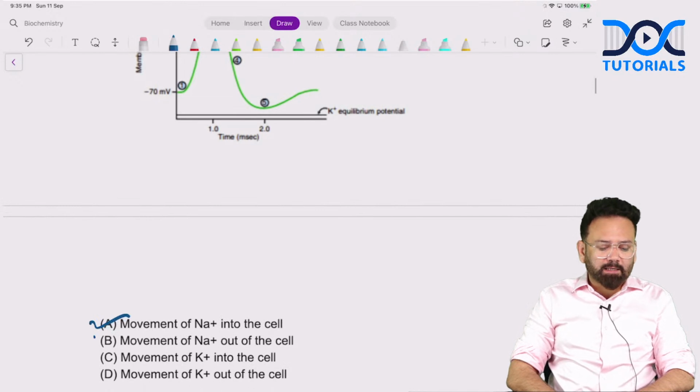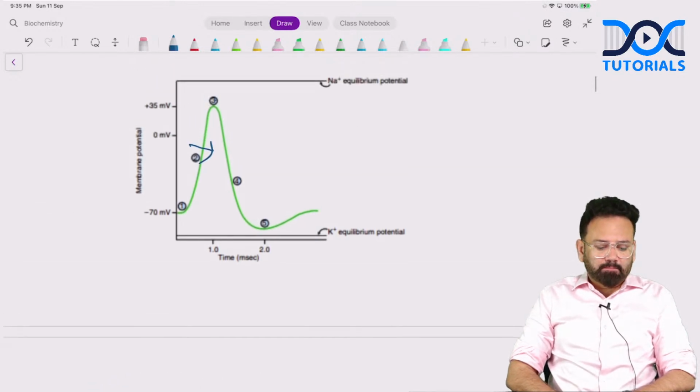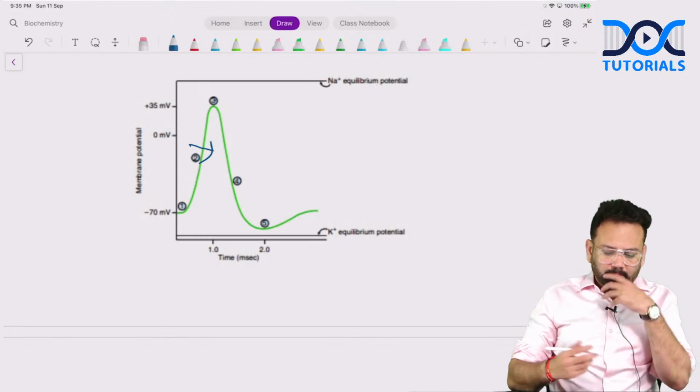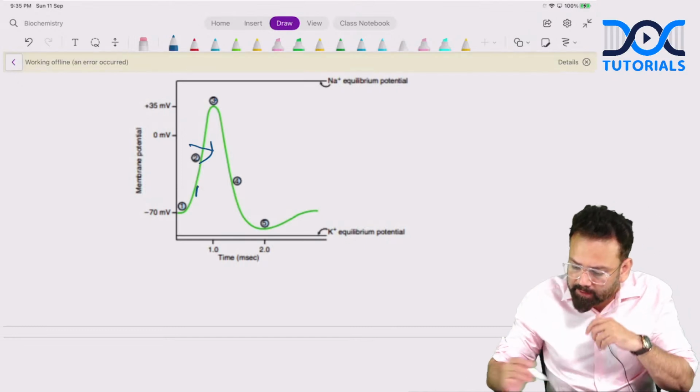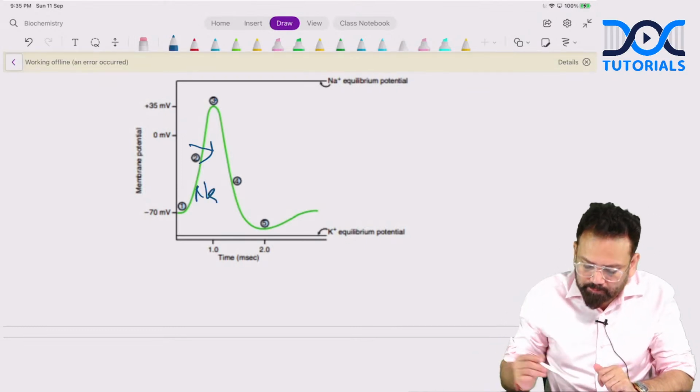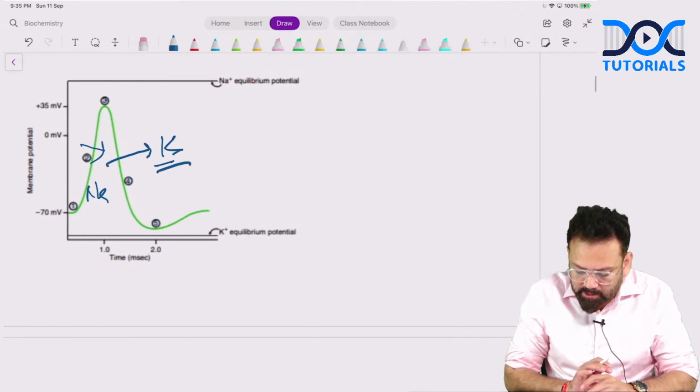So what will be the answer from point 1 to point 3? Influx of what, sodium or potassium? Sodium. Influx of sodium, and this is outflux of potassium. Okay, simple question.